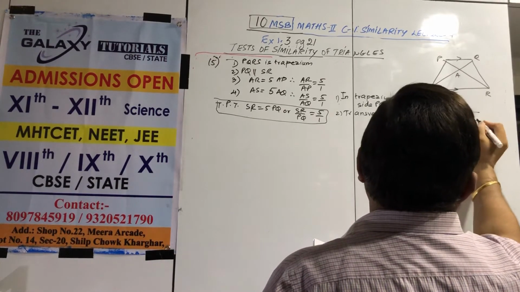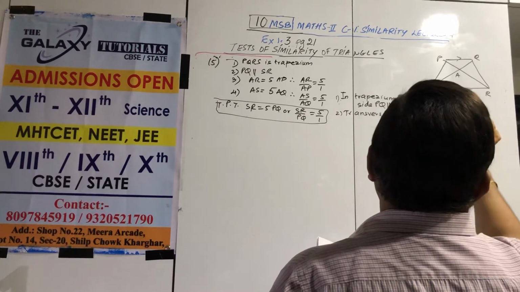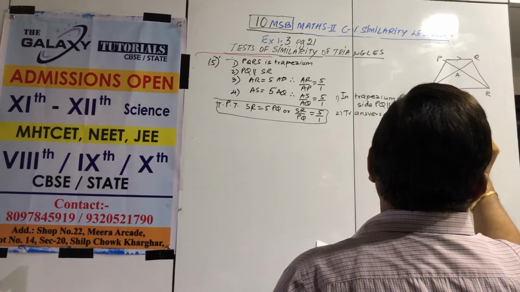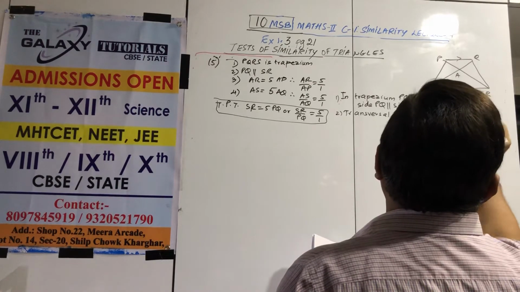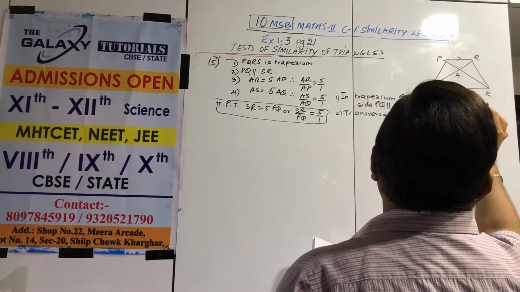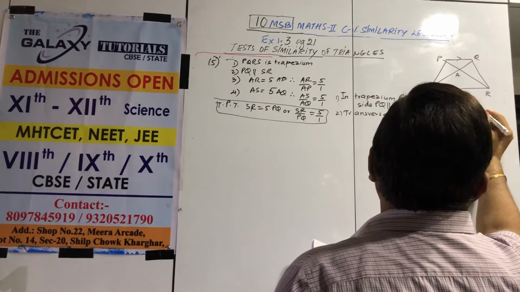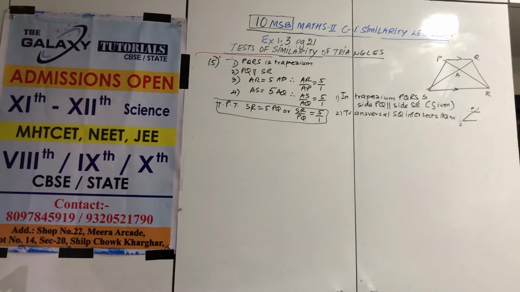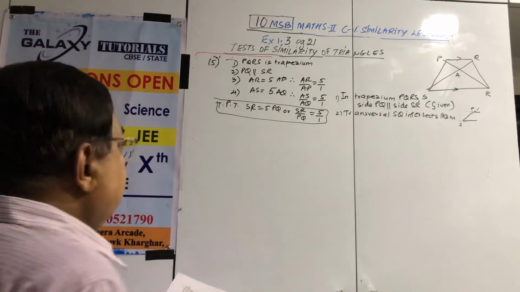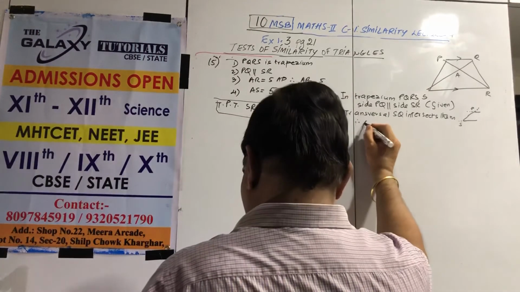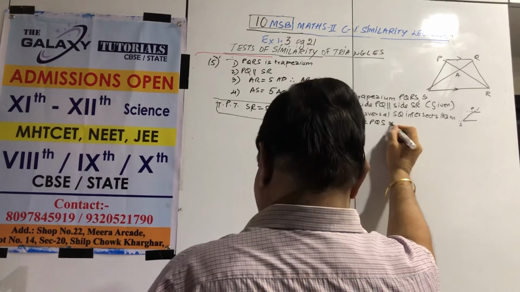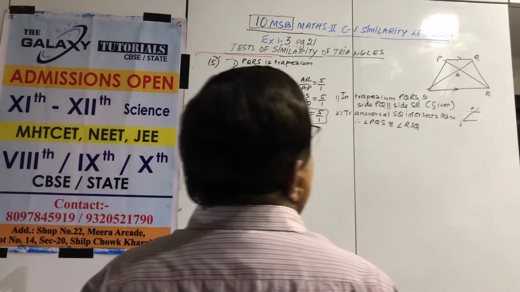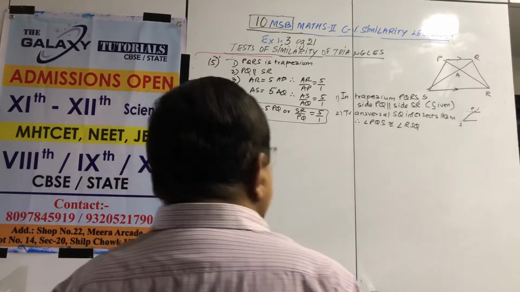So these two lines are parallel and this intersects them. This is how we are showing S and P, this part of the triangle I am showing. Then, therefore, angle PQS is congruent to angle RSQ. Why are we saying so? Alternate angles.